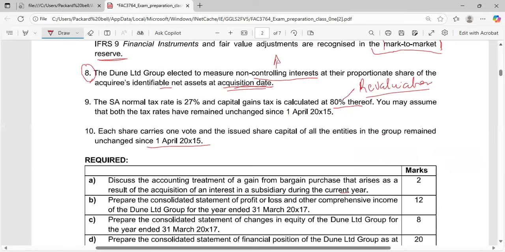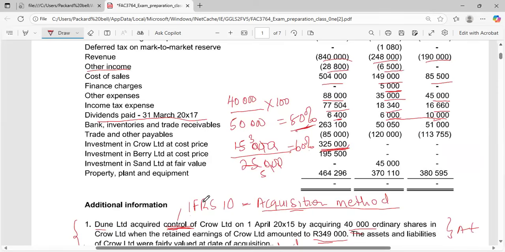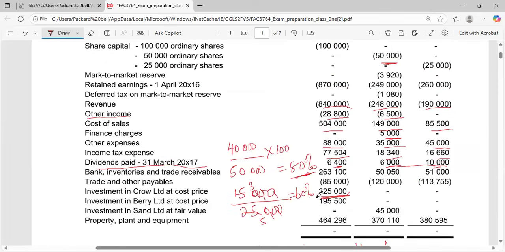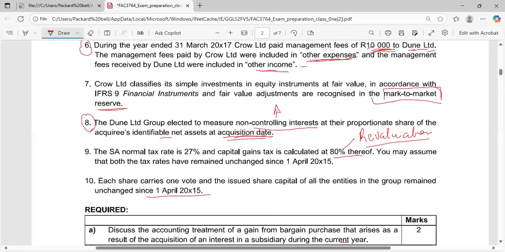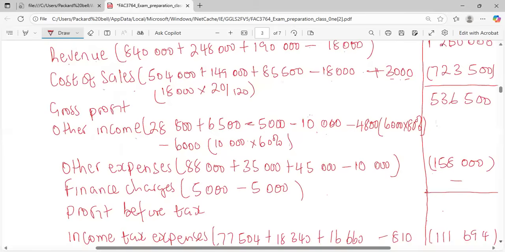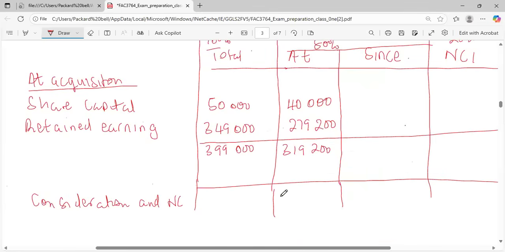Let's just double check. So the June Limited Group has got an investment in Crow Limited of 325. So that's the consideration which was paid, the 325. Right, so this is going to be 325,000.